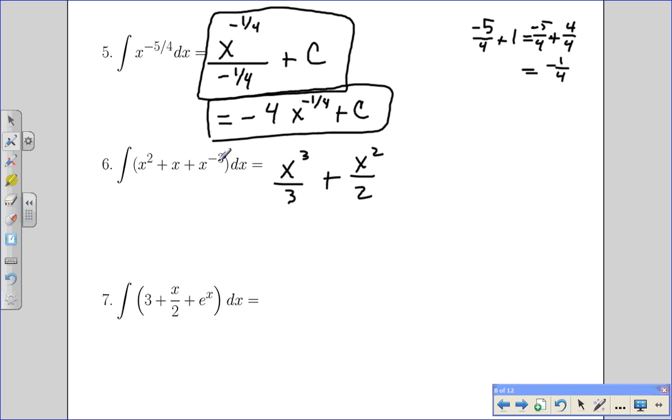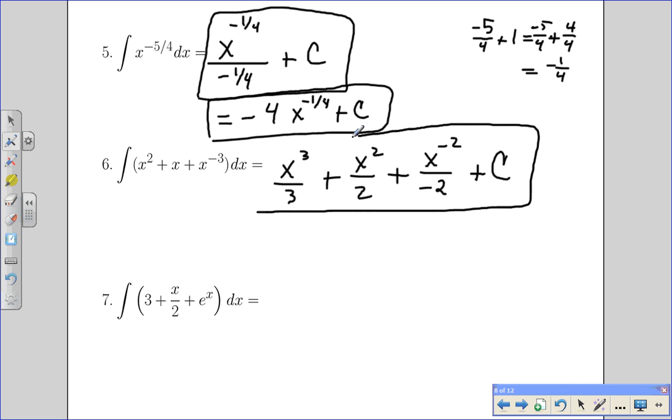And I'm going to integrate x to the minus 3, and I get x to the minus 2 divided by negative 2, and you just put one single plus c on the entire expression. You don't need to put a plus c for each of the 3 separate integrals.